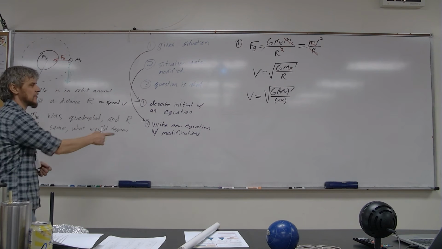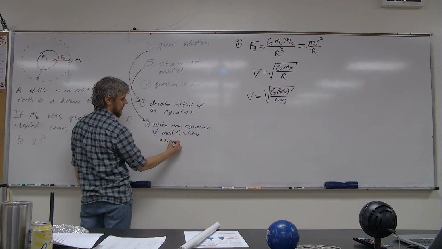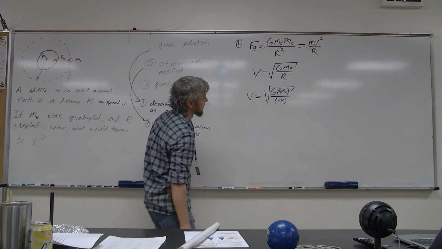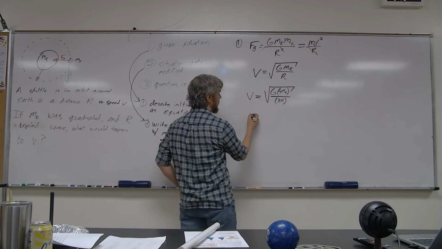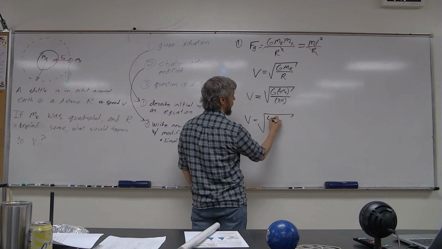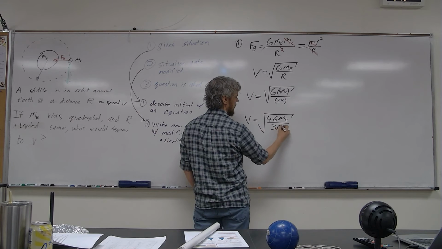So you write the new equation with the modifications, and then what you're going to want to do is simplify. All right, to simplify, I can use the commutative property and say that I'm just going to rewrite this expression as 4 big G ME over 3R, right?